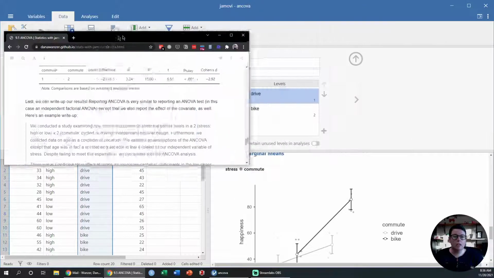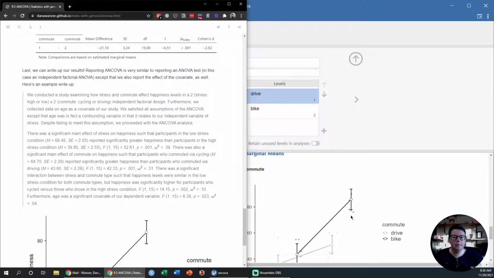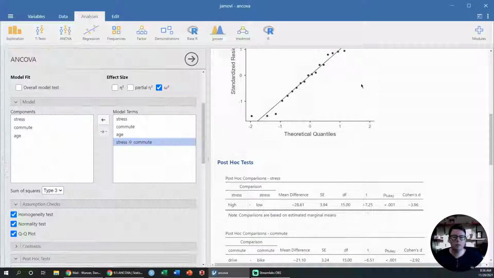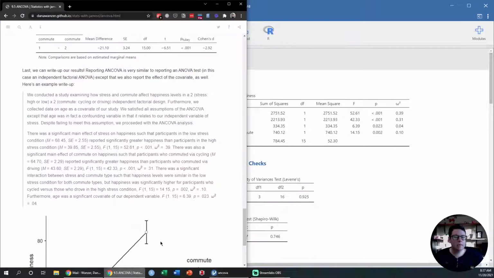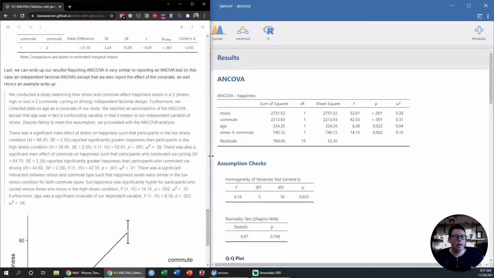Okay, let's go do this side by side. There was a significant main effect of stress on happiness, such that participants in the low stress condition reported significantly greater happiness than participants in the high stress condition.